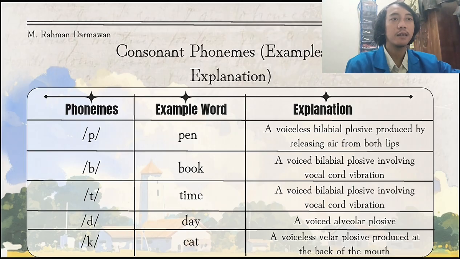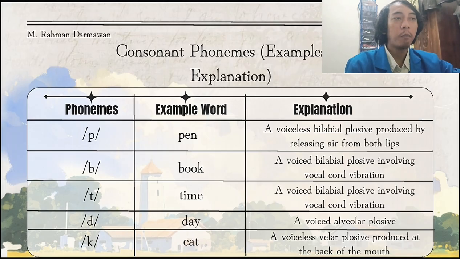The phonemes are p, b, t, d, and k. For p, the example word is pen. The explanation is a voiceless bilabial plosive produced by releasing air from both lips.